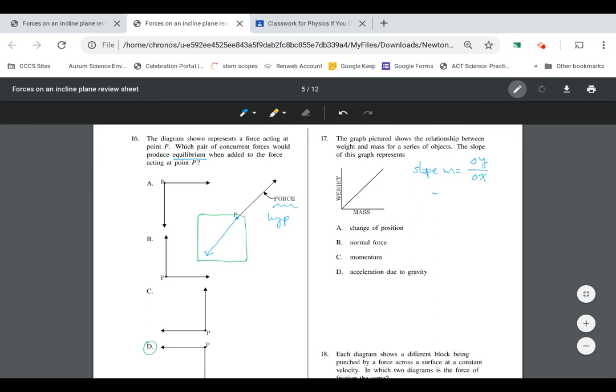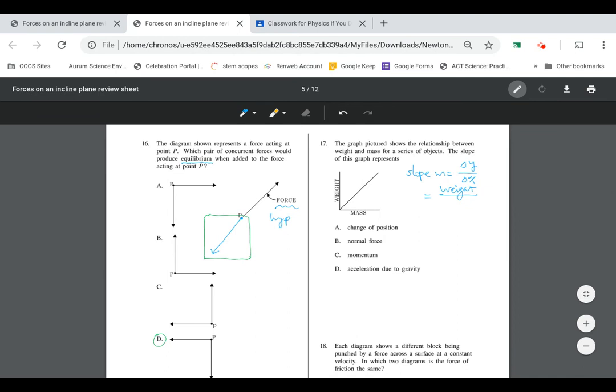Basically, here our y is weight, our x is mass. Remember, weight is mass times gravity. So gravity is weight divided by mass. That's why the slope is equal to the gravity, which is also the acceleration due to gravity.